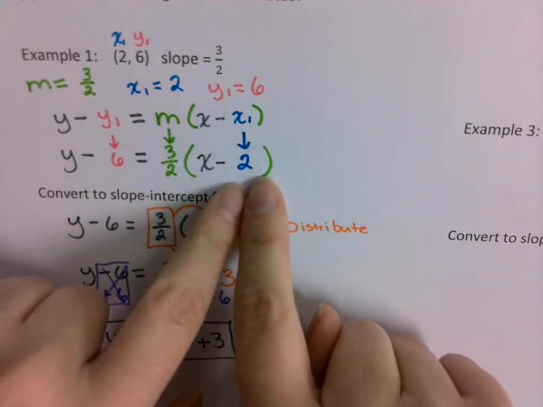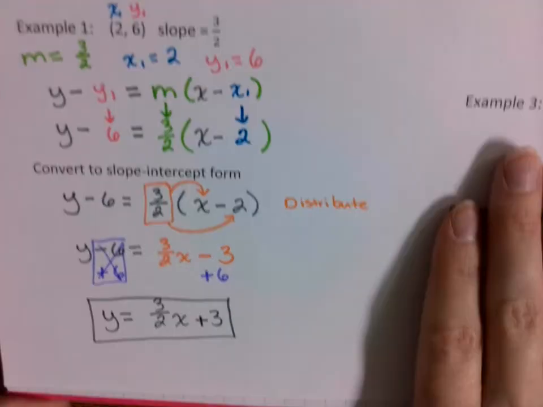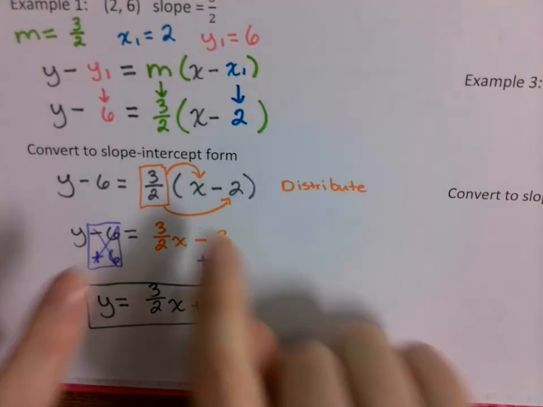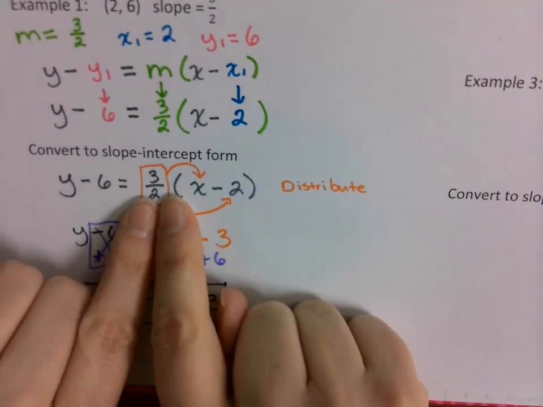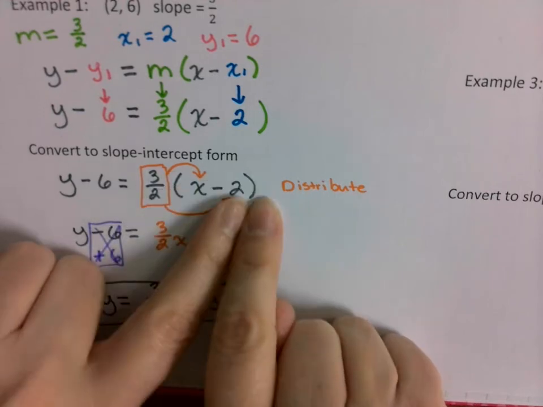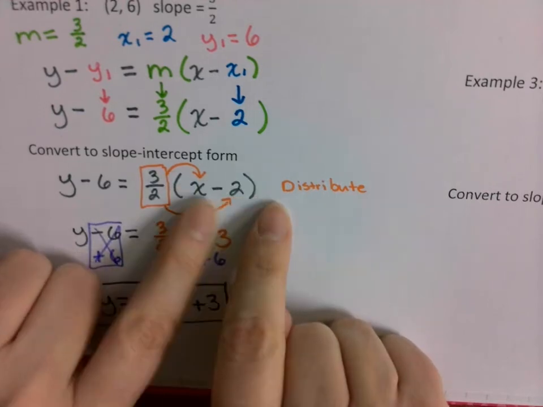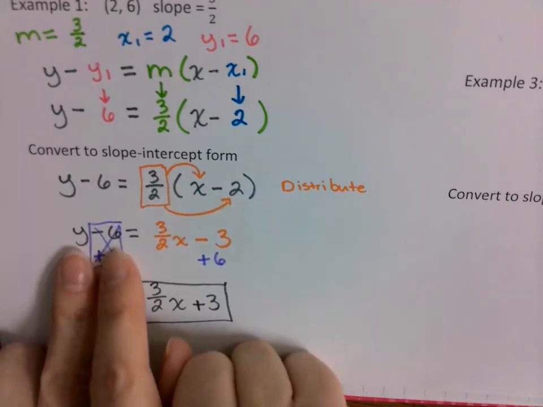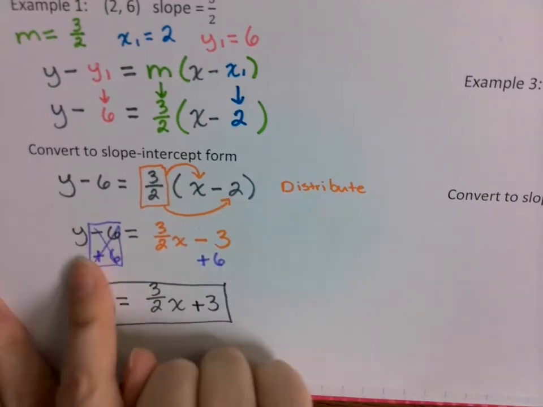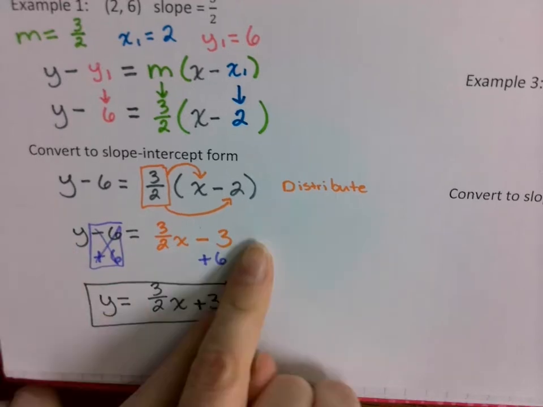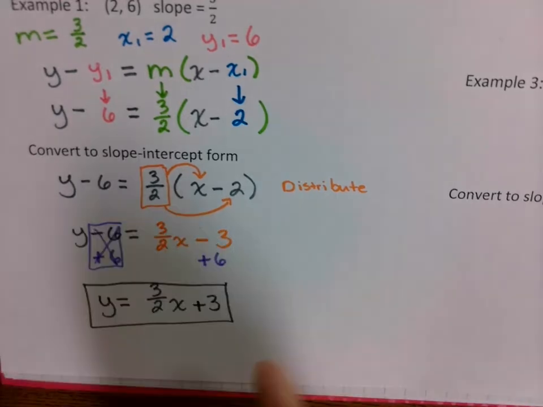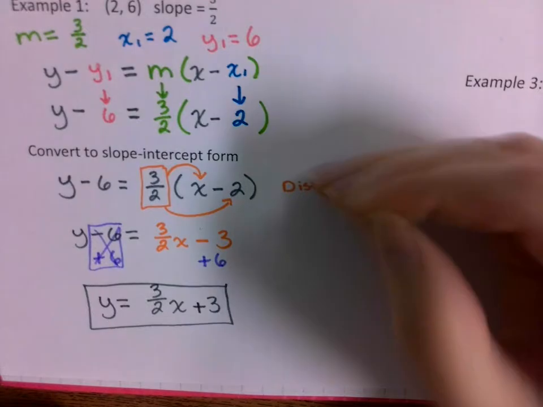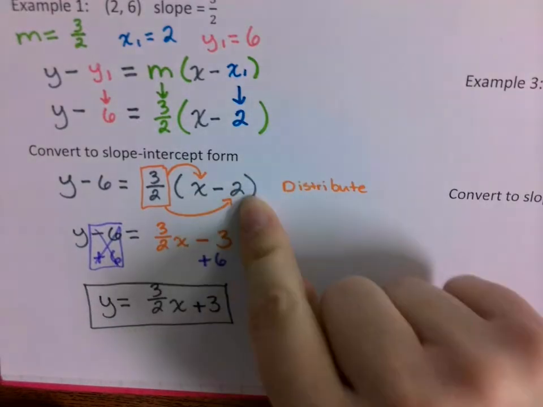Then to convert, you're first going to distribute your slope to each term inside of the parentheses, and then you're going to add or subtract whatever constant is paired with the y to the other side. And then that's it. So you distribute, which is multiplication to each of these, and then add or subtract to the other side. That's it.